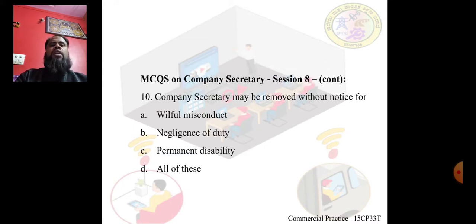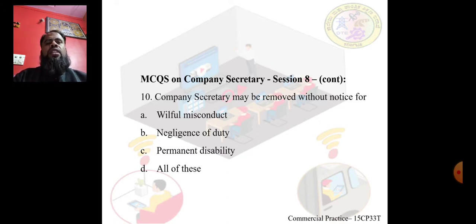That is the next one. And the last question, company secretary may be removed without notice for willful misconduct, negligence of duty, permanent disability, all of these. What is the answer for this? The answer is D, all of these. Now this is the right answer.